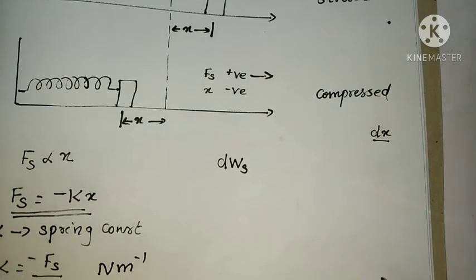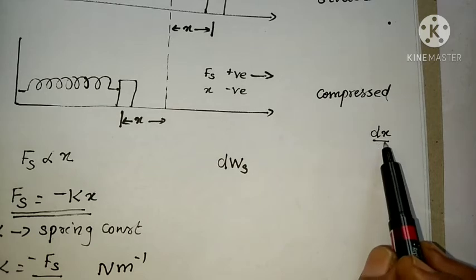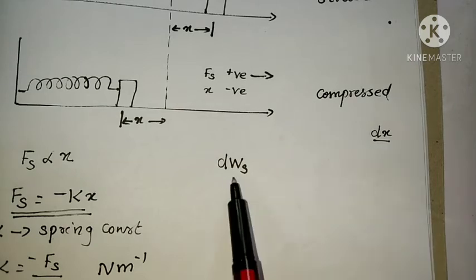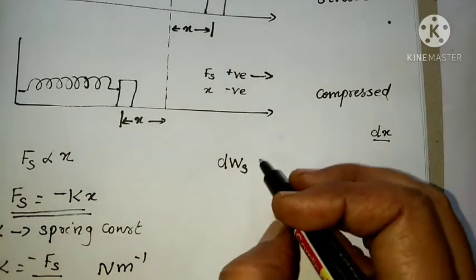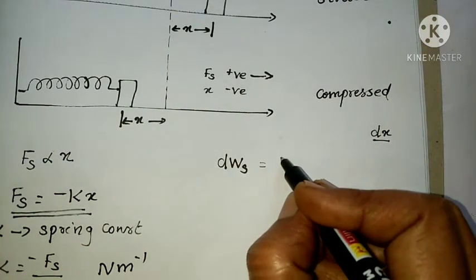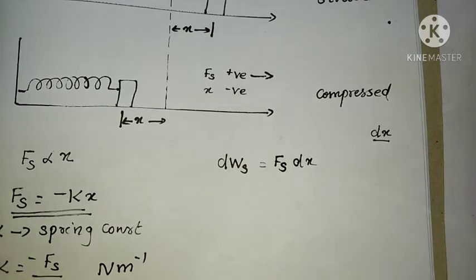These cases you already studied in the work done by the variable force. So the work done for the small distance dx, that is dWs, work done by the spring force, dWs equal to, what is the formula? Force into distance. What is the force here? It is the spring force into the distance moved.